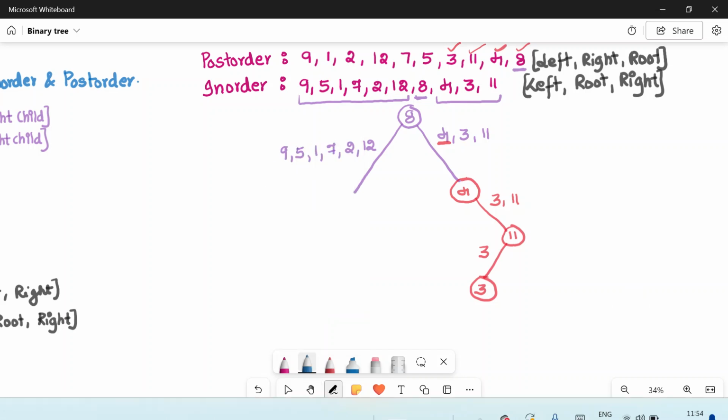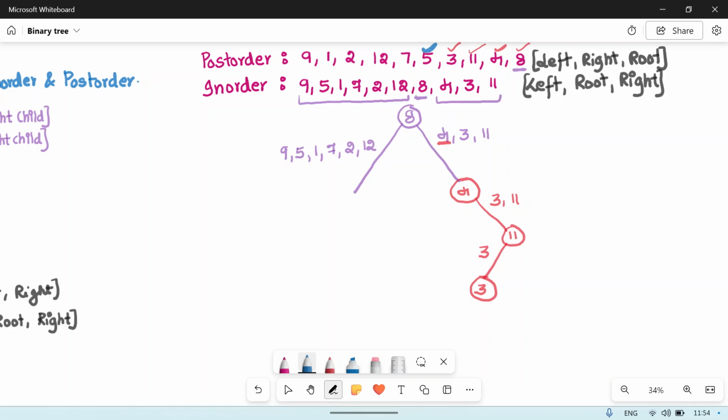Now I have 5. So 5 becomes the new root. If I write 5, then to the left of 5, I have 9 and to the right of 5, I have these many nodes: 1, 7, 2 and 12. Towards its left, I have 9.